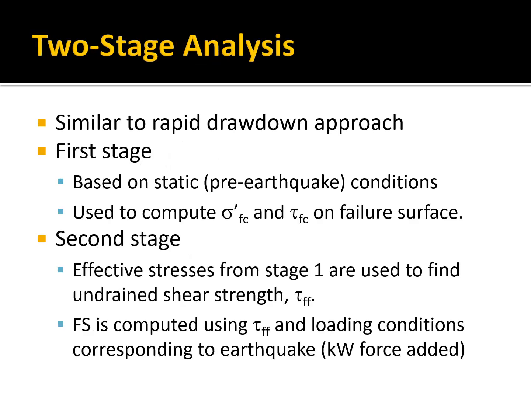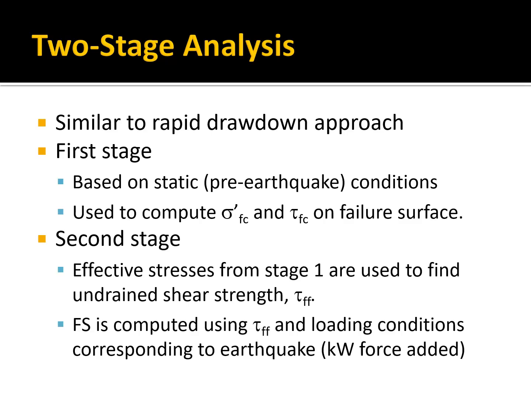So the two-stage analysis is very similar to the three-stage one we talked about earlier. The first stage is based on static pre-earthquake conditions. We calculate the normal stress on the failure plane at the end of consolidation and the shear stress on the failure plane at the end of consolidation.